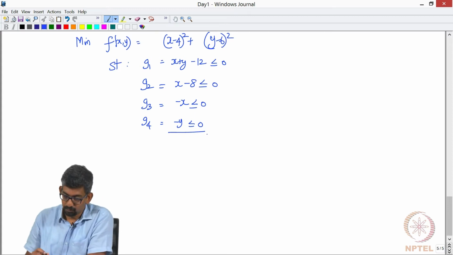Now, what does this objective function mean? X minus 4 whole squared plus y minus 6 whole squared.